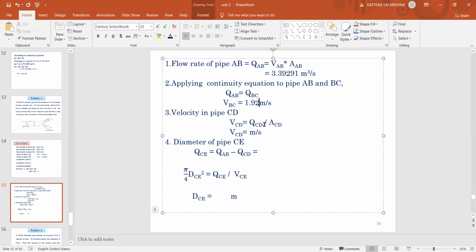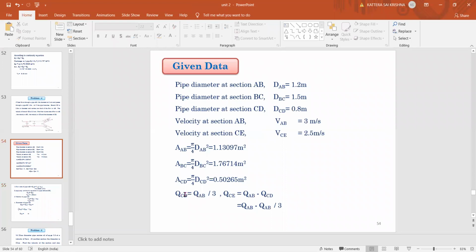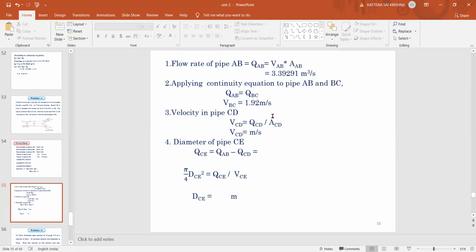What is QCD value now? How will you get this QCD? QAB divided by 3. Very good. So after writing this step, you can write one more step, equals QAB by 3 divided by ACD. Because we have written already here, QCD is equals to QAB by 3. So that step again you can write here.